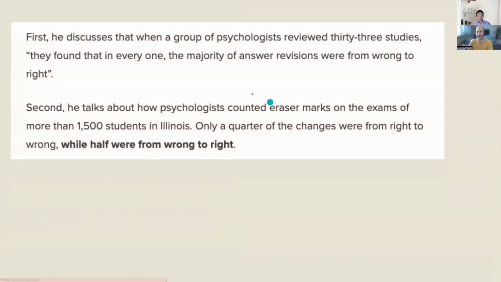In his research, a group of psychologists reviewed 33 studies and found that in every one, the majority of answer revisions were from wrong to right. He also talks about how psychologists counted eraser marks on the exams of more than 1,500 students in Illinois. Only a quarter of the changes were from right to wrong, while half of the changes were from wrong to right.